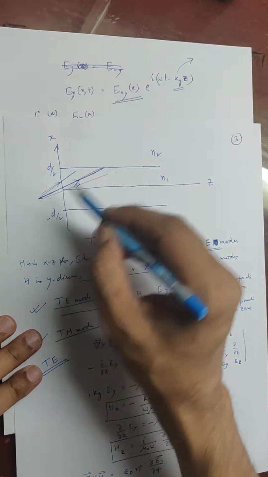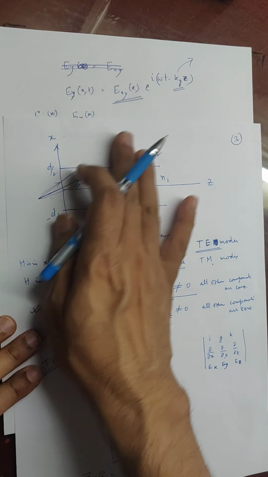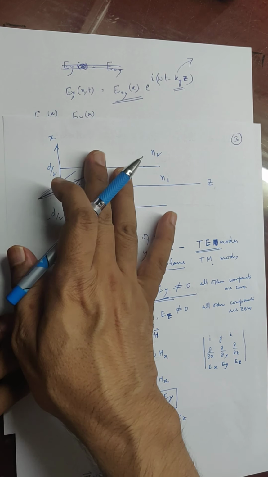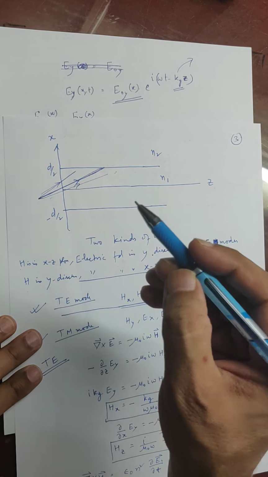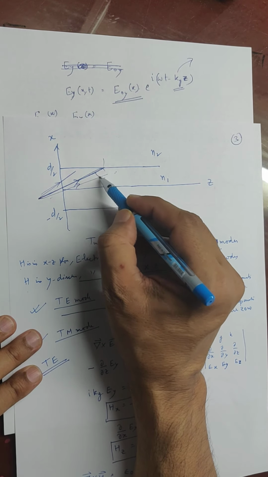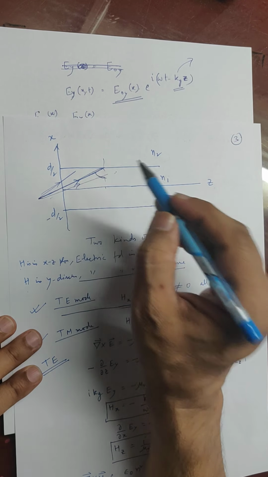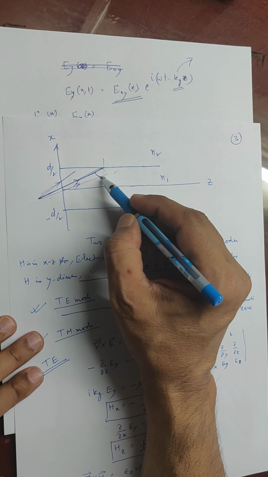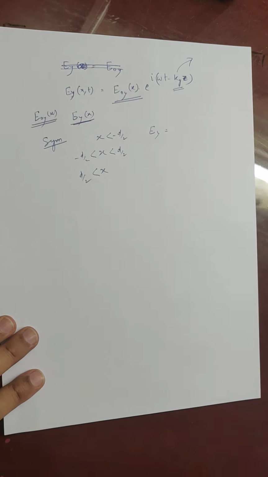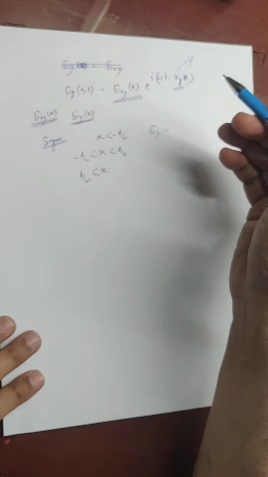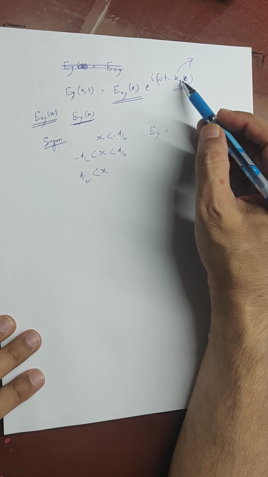So it appears as if you can throw the electromagnetic waves in any direction as long as the angle is more than the critical angle. But this actually tells us that all the angles are not physically possible.